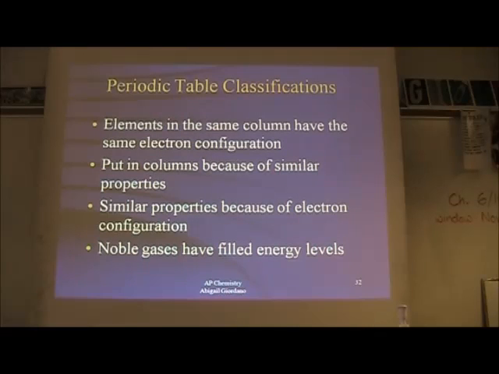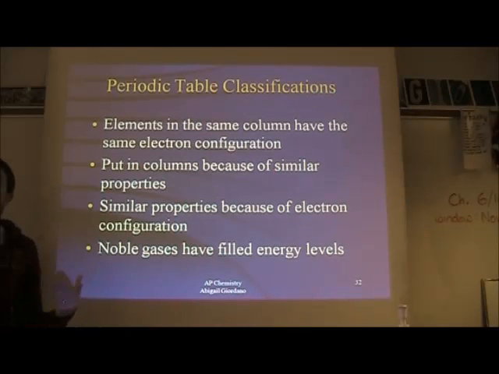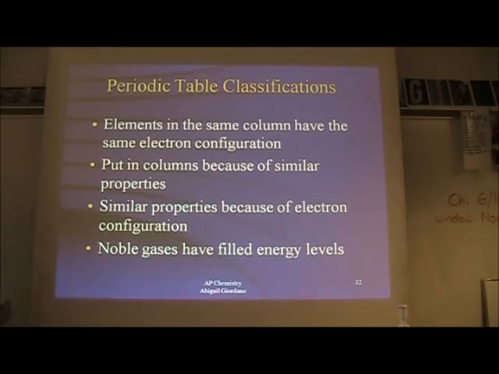And if you think about it, all of your alkaline earth metals end in some number s2, right? Like 3s2, 4s2, 5s2, okay? Well, if things end with the same kind of electron configuration, then they're going to have similar chemical properties, okay? So I just wanted you all to be aware of that.